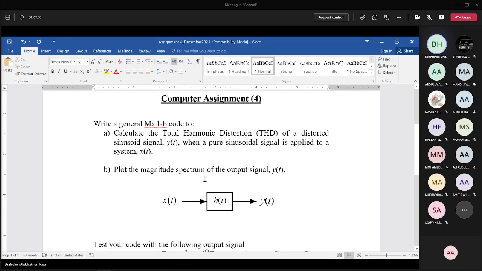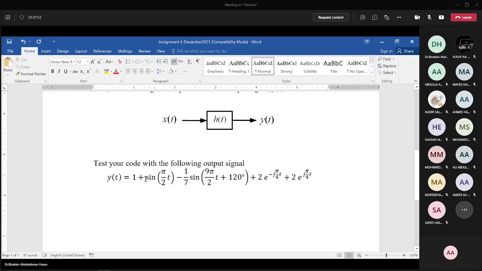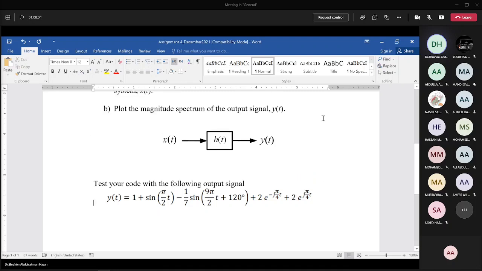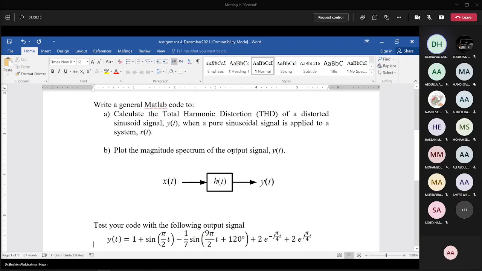For example, if this is y, this is your output. This is just an example. What is the total harmonic distortion for this? And you need to plot the magnitude spectrum for it. In the assignment quiz, you don't need to submit anything here.